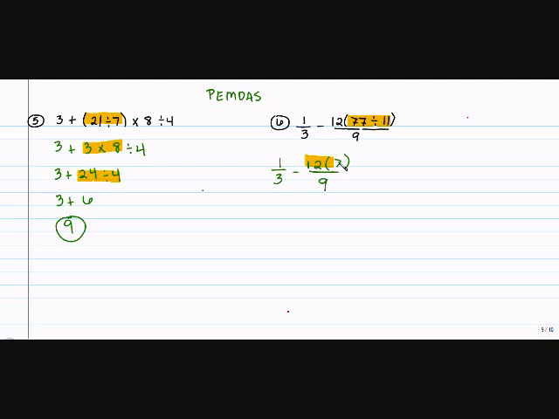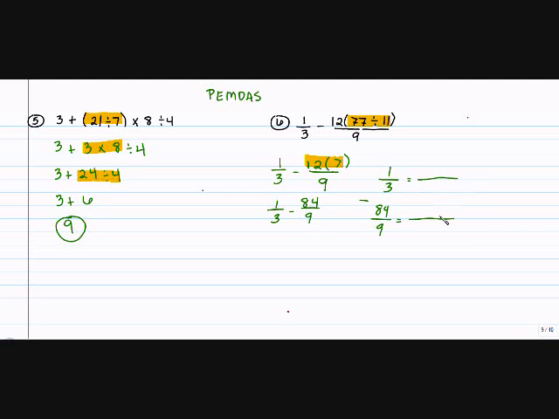I have to solve my multiplication first, which is 1/3 minus 12 times 7 is 84 divided by 9. I have two fractions. Before I can subtract them, I have to find common denominators. So I have 1/3 minus 84 over 9.